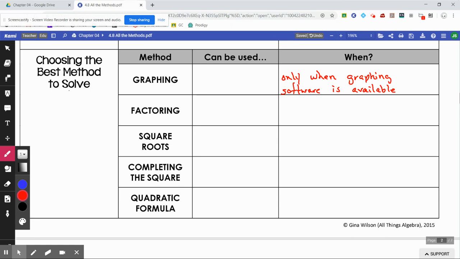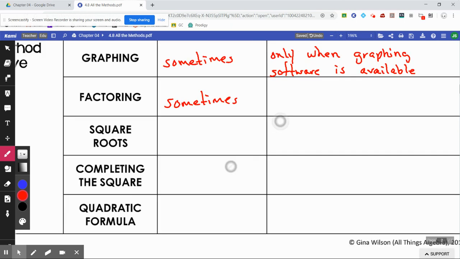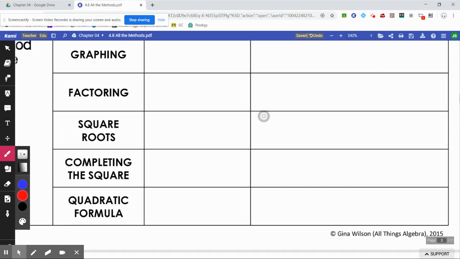And this can be used sometimes, but I would say it would not be the best method every time. Factoring can be used sometimes because sometimes you're not going to have a factorable quadratic.